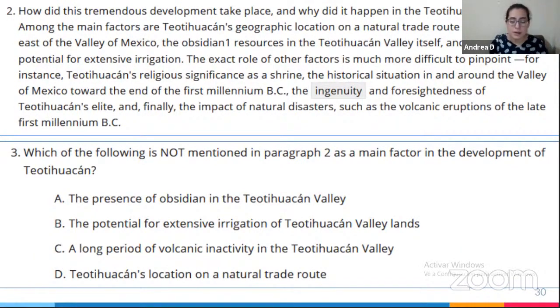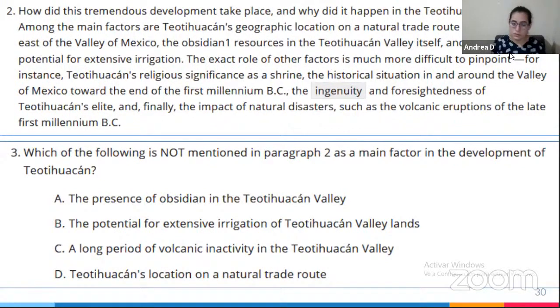Now, will anybody read the question for us, question 3? Me, teacher. Okay. Which of the following is not mentioned in paragraph 2 as a main factor in the development of Teotihuacan?